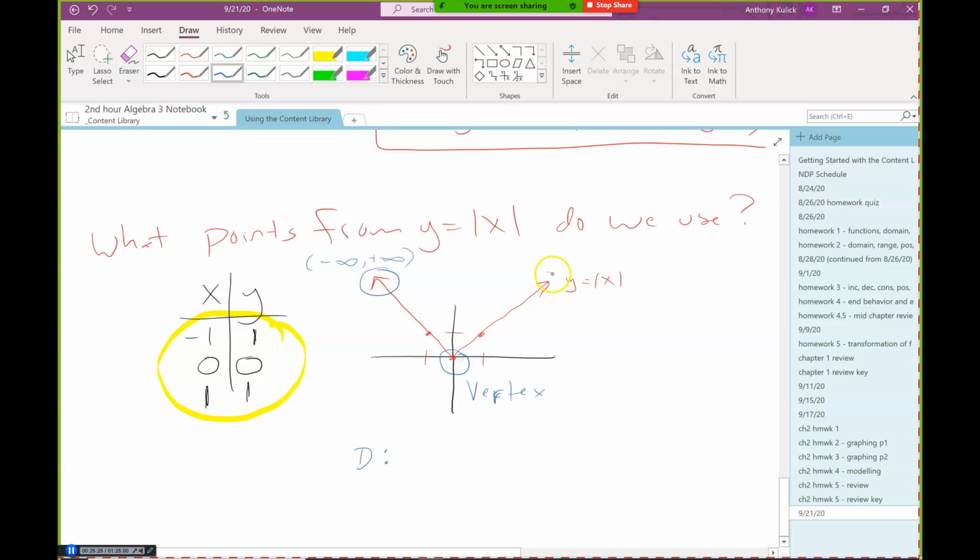And then I need to identify the furthest right point, where the x-coordinate is +infinity, and since it's pointing up, the y-coordinate is +infinity. Since those 2 points are connected, my domain is just going to go from the left-hand x-coordinate to the right-hand x-coordinate. Is everybody okay with that idea?